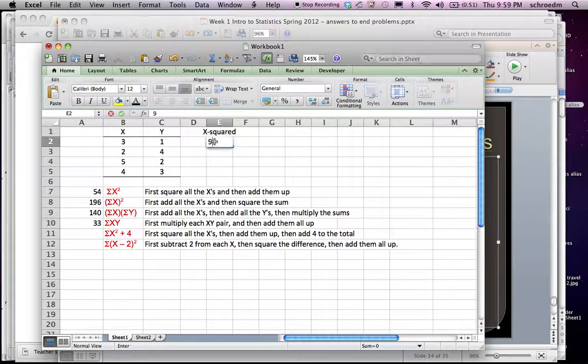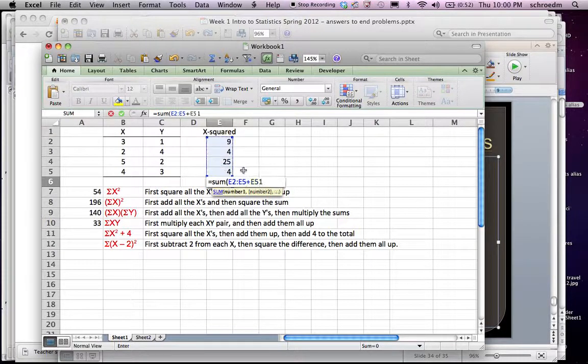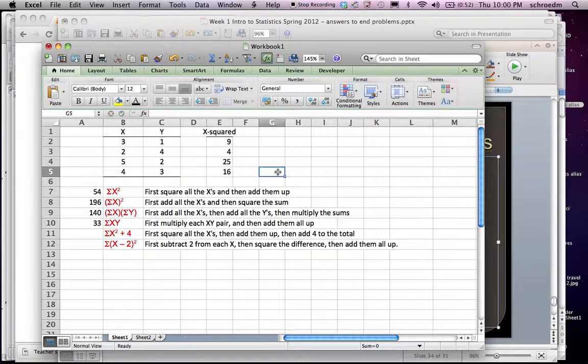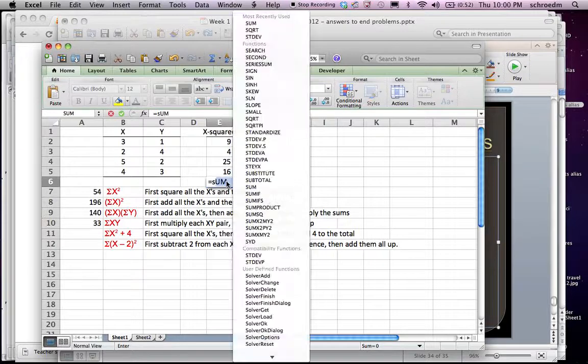So again, this is 9, 4, 25, 16. Oops, should be 16 here. Then I look, I don't have anything to multiply or divide. I do have a summation, so I want to add all these up. Now I can sum them all up.